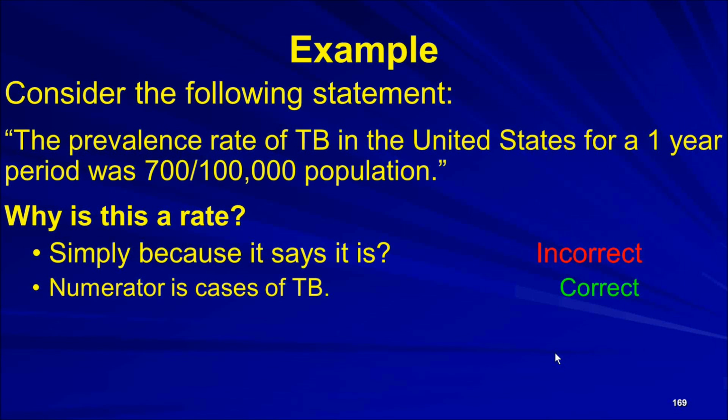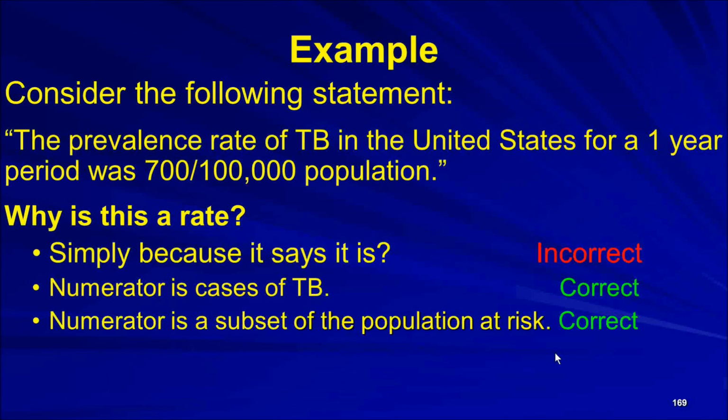The numerator is a subset of the population at risk. That's correct, because we can't differentiate. We know that if we had the original figures, these 700 are also included in the denominator. So you can't distinguish them. They're the same cases used twice. Now, K is per 100,000. Is this correct? Yes, it is.